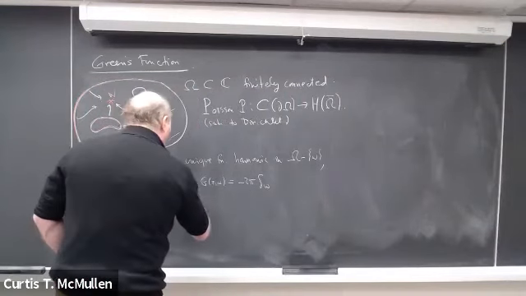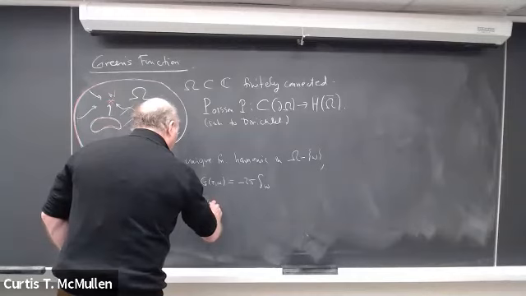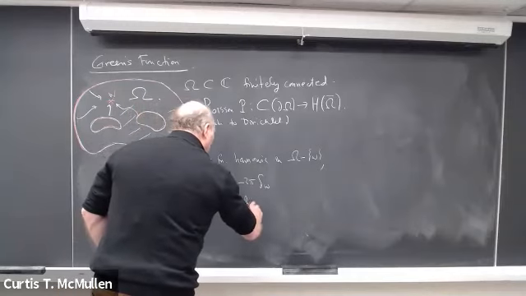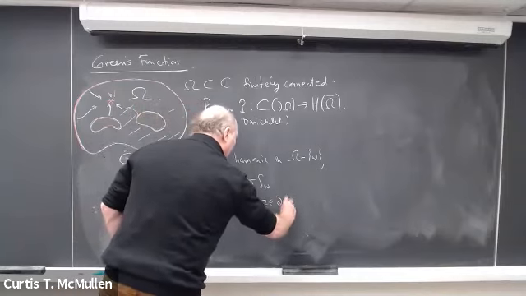And then it's normalized so that G of Z, W equals 0 when Z is in the boundary of omega.